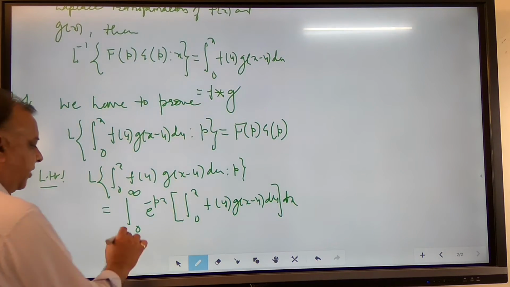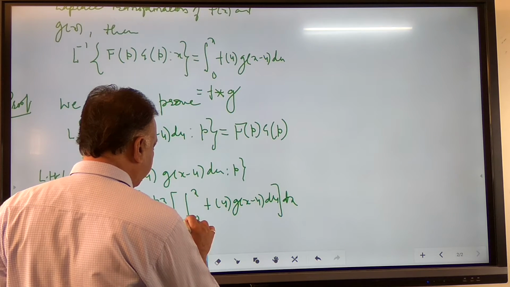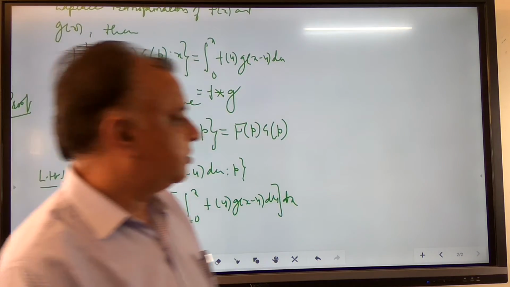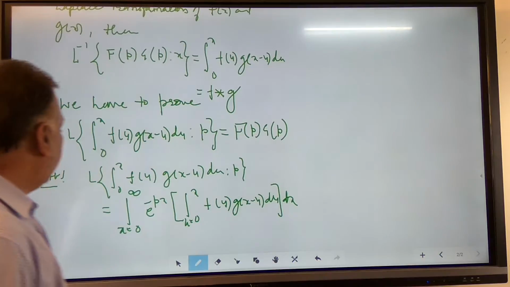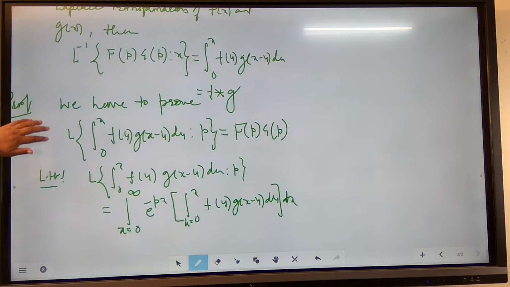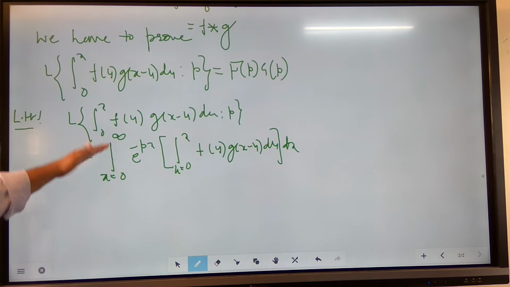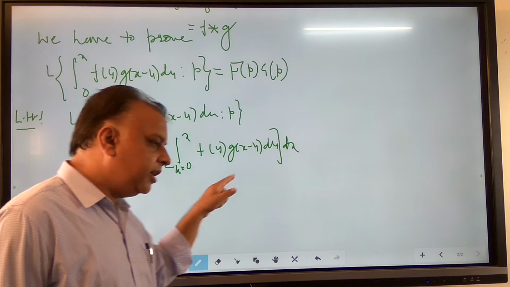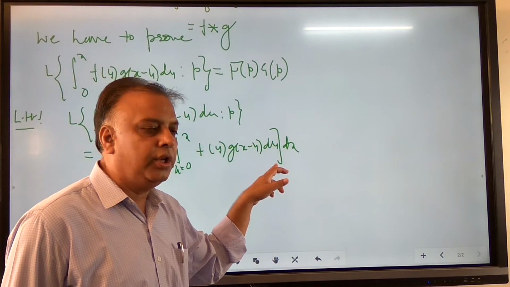This is the limit of x, so x is equal to 0 to infinity, and this is the limit of u, so u is equal to 0 to x. So by using the definition of the Laplace transformation, we have to calculate this integral: integral x equals 0 to infinity e raised to minus px, and the integral with respect to u equals 0 to x f of u g of (x minus u) du.